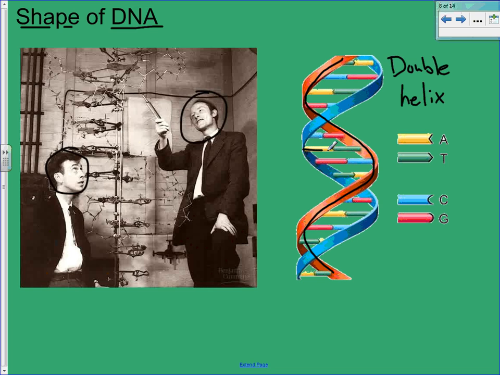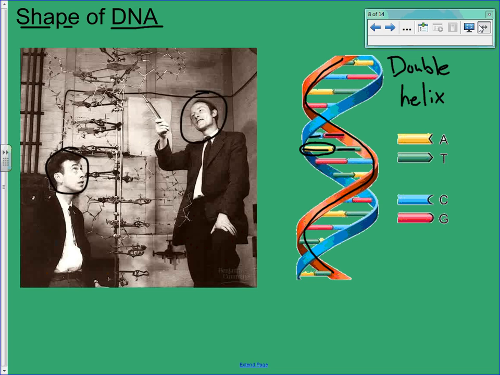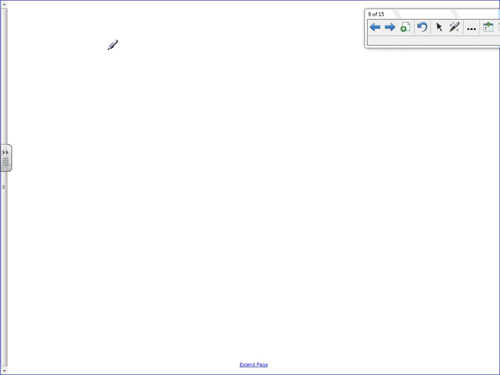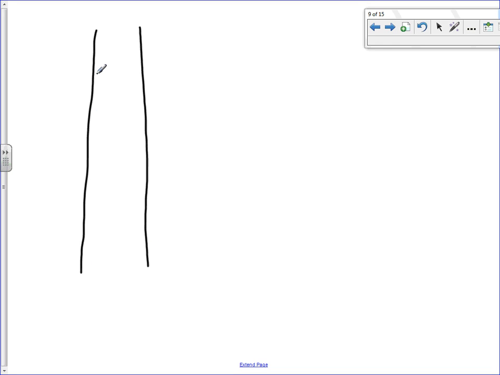So you can imagine, let's say, a ladder, so here's my ladder, kind of a wobbly ladder. We can compare this to our nucleotide. So our phosphorus and our sugar would be right there. They make up the rails.